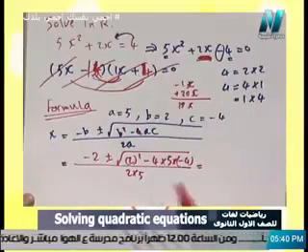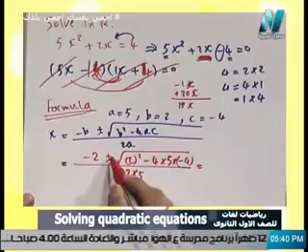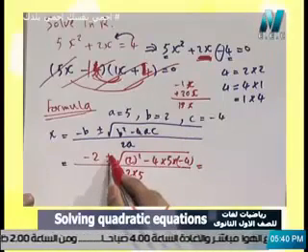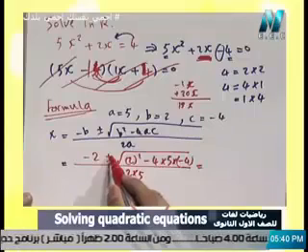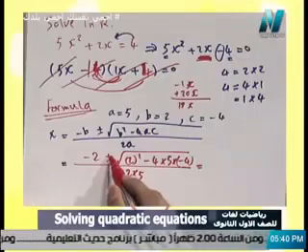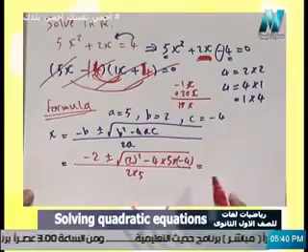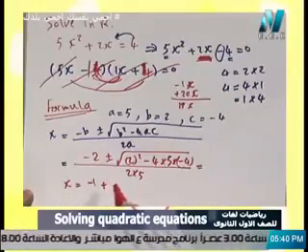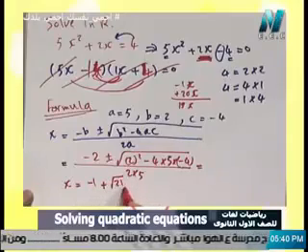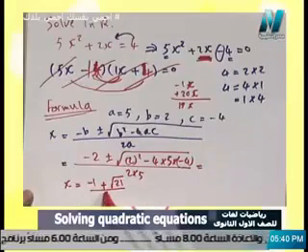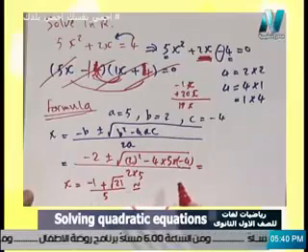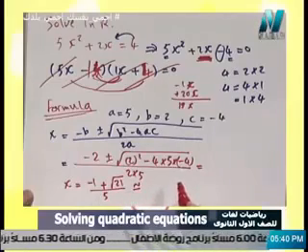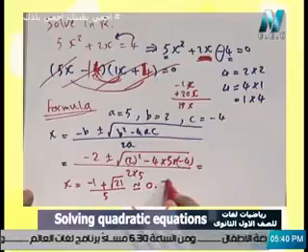And first, use your calculator and put plus. When you put plus here, you will find the solution will be negative 1 plus square root 21 over 5, which is approximately, to the nearest 2 decimals, 0.72.